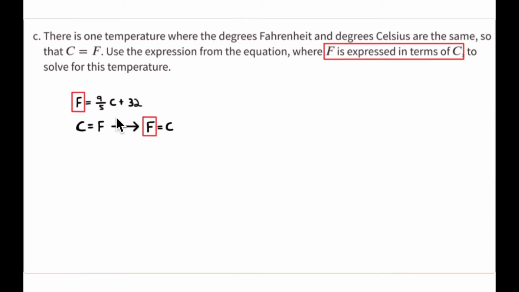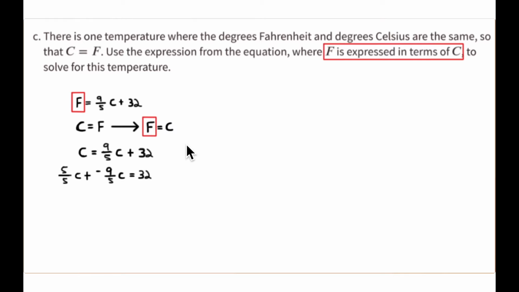So I want Fahrenheit on the left side of both equations. They are equal, which means that the right side is also equal to each other. So now we can rewrite this equation as degrees Celsius equals 9/5 degrees Celsius plus 32. Now we're just going to go ahead and solve for degrees Celsius.